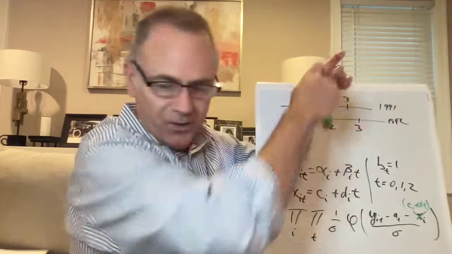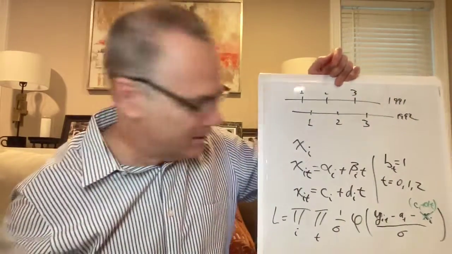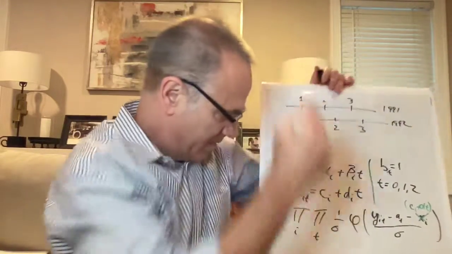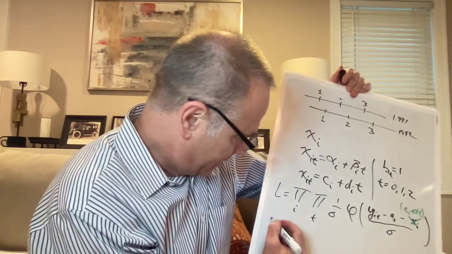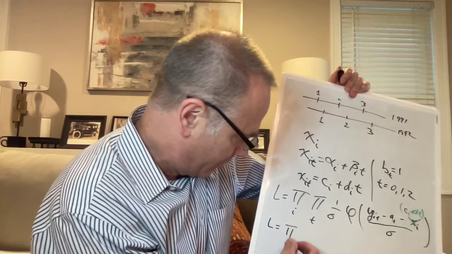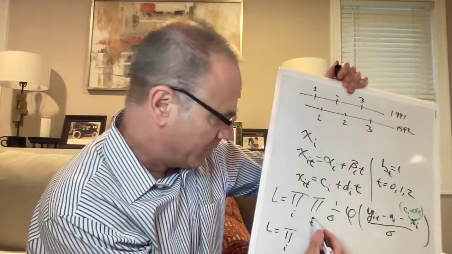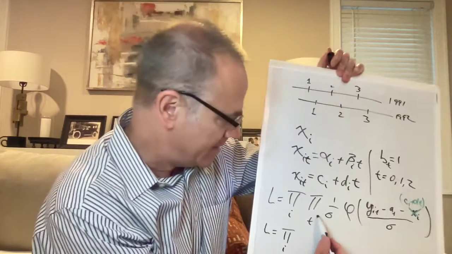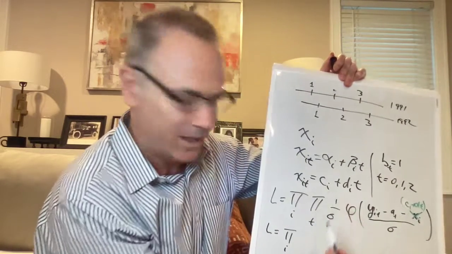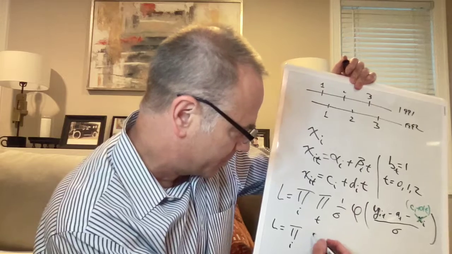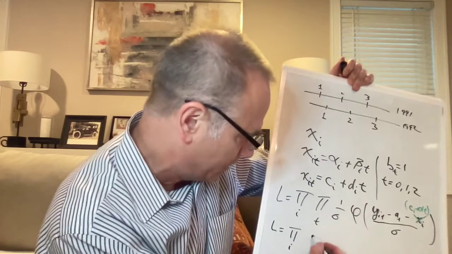Let me give you a hint. To write this, L equals the product over I, and then replace the T, so T just goes from 0 to 1. You do the first case where T equals 0.